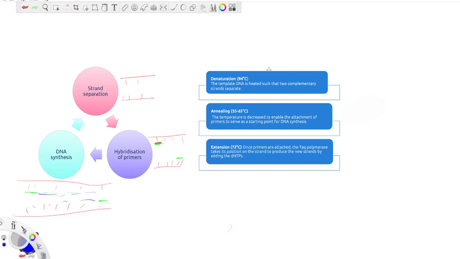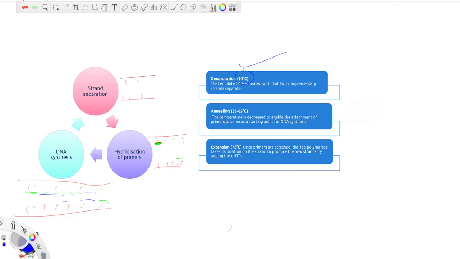Technically, the steps are denaturation, where the template is heated in such a way that the 2 complementary strands are separated. Then you have annealing. The temperature is decreased just to allow for the attachment of the primers. And your third step is extension. Once the primers are added, your Taq polymerase will take its position and start producing new strands by fetching those dNTPs.